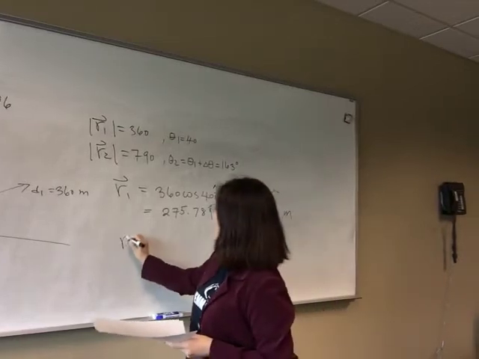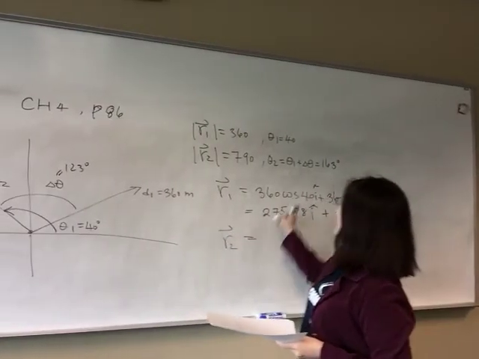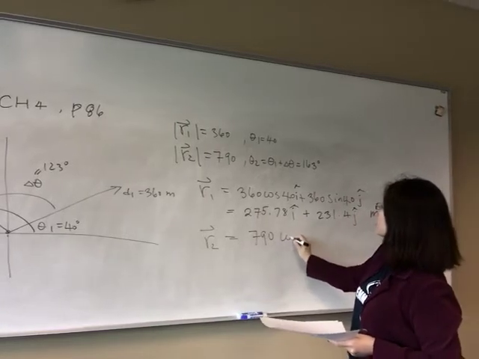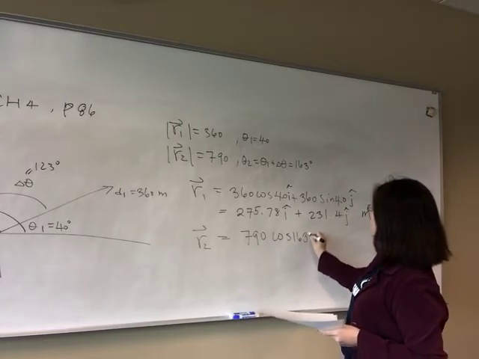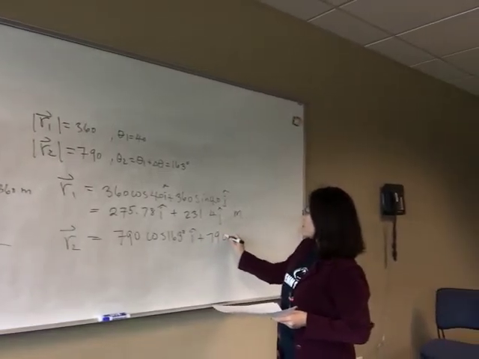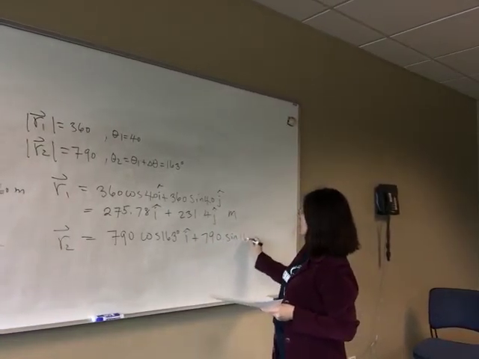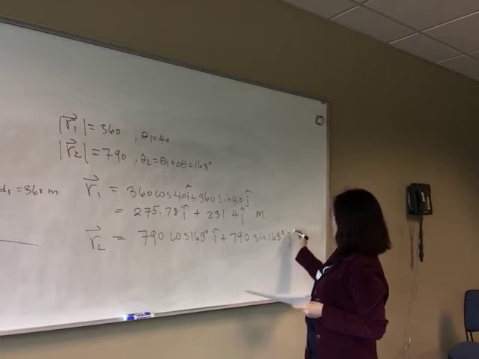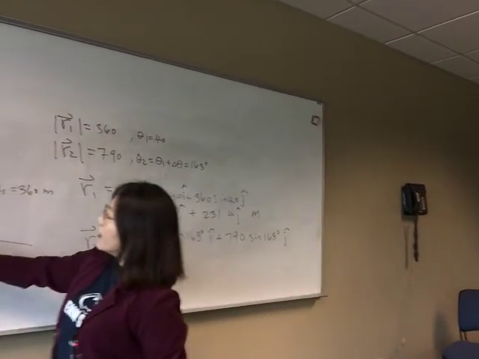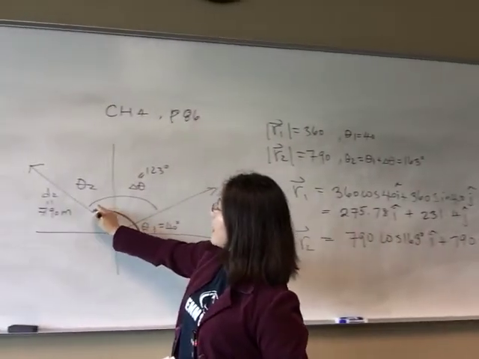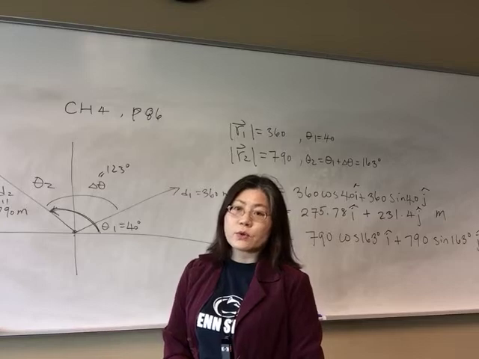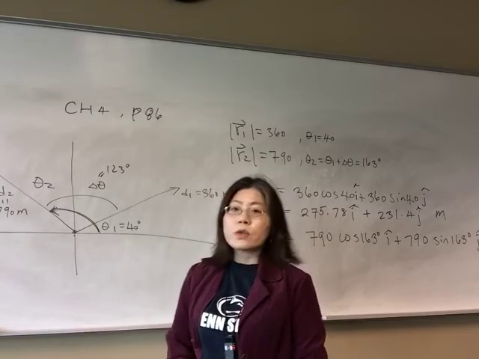We can do the same thing for R2. For R2, you have the magnitude of 790, and the X component is 790 cosine 163 degrees I hat, plus 790 sine of 163 degrees J hat. Because I already defined theta in reference to the positive x-axis, my x component can just use cosine, and my y component can just use sine.